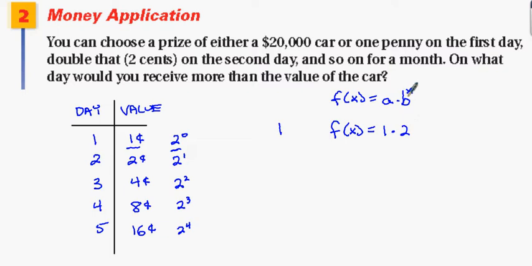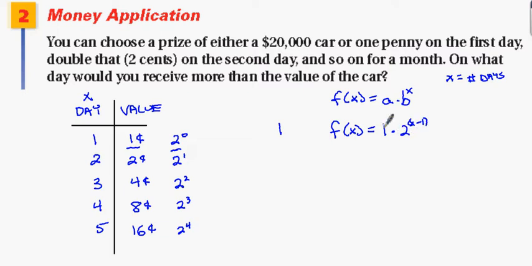And if we're making x the number, let x equal number of days. So if this is x, well, to get 2 to the 0, if x is 1, I'm going to have to subtract 1. So our equation is going to be x minus 1.